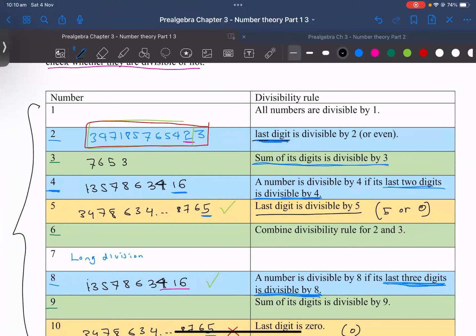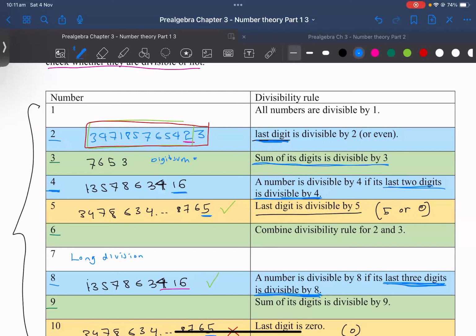So if I give you a number like 7653, what is the sum of the digits? We want the sum of the digits.